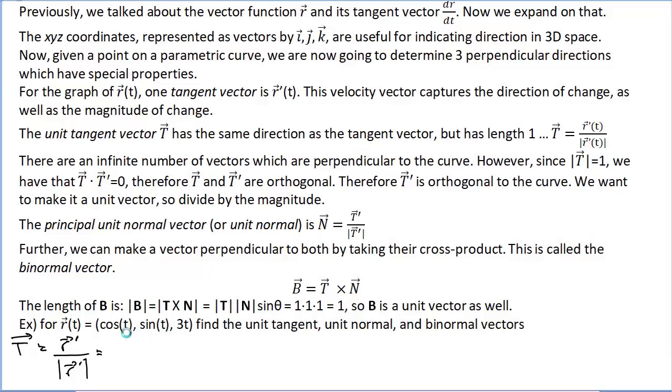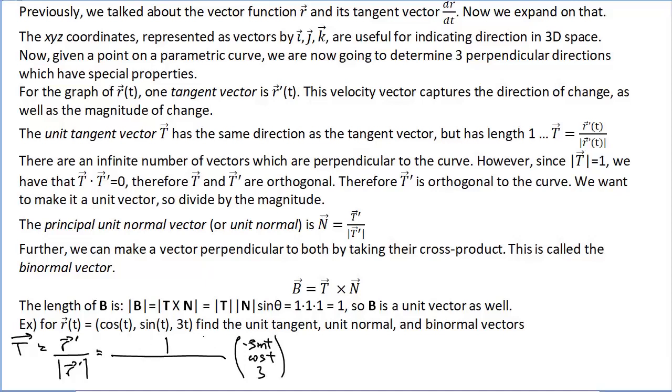So first of all, the derivative is going to be negative sine t, cos t, and 3. Then we need to divide by the magnitude.